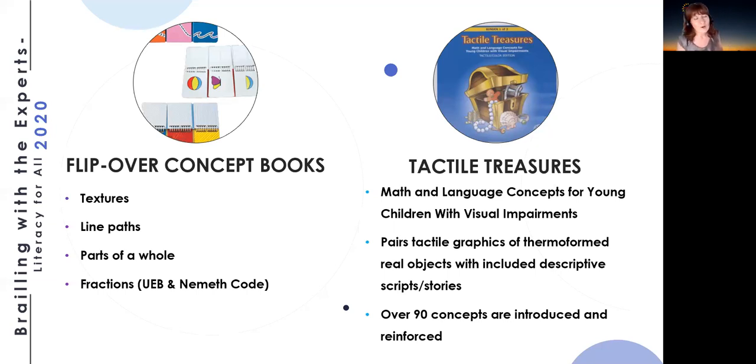Tactile Treasures was always a favorite with my students. It is beginning tactile math and language concepts for young students. They are thermoform pages of real objects. This is also one that would be very good for beginning teachers or alternatively certified teachers, because it has descriptive stories that are scripted for you to follow along with all of the pages.